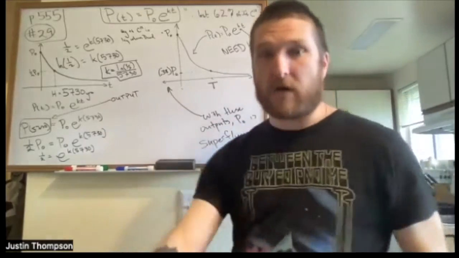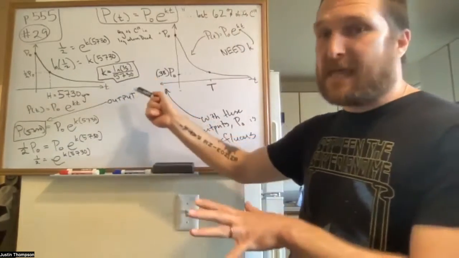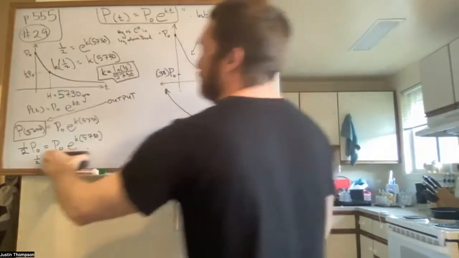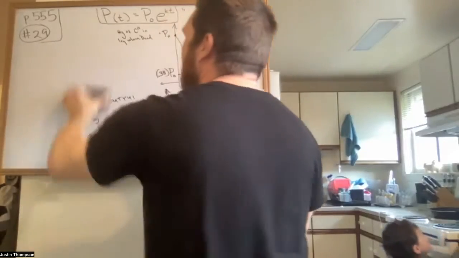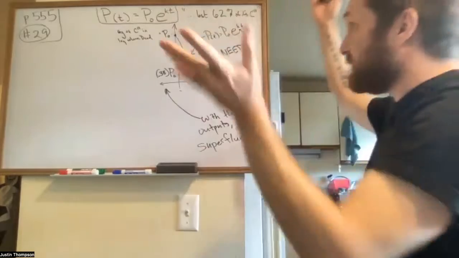So let's plug along. We got to K. You have K written down because I'm going to get rid of all this stuff. So we found K, which is always the same for carbon-14.